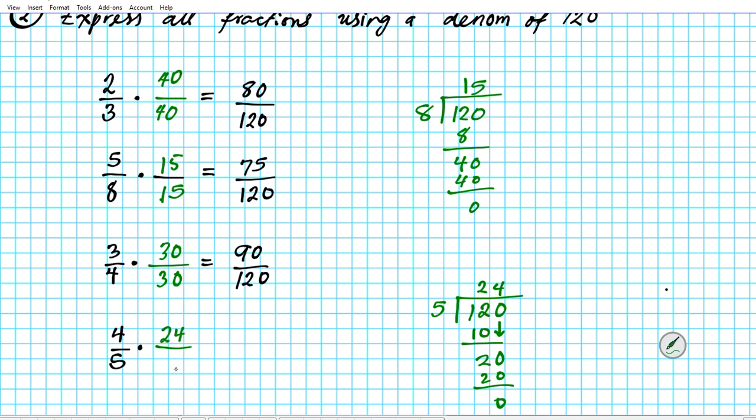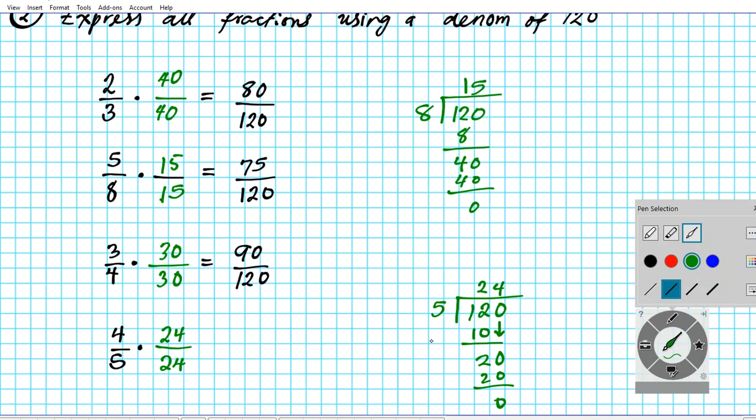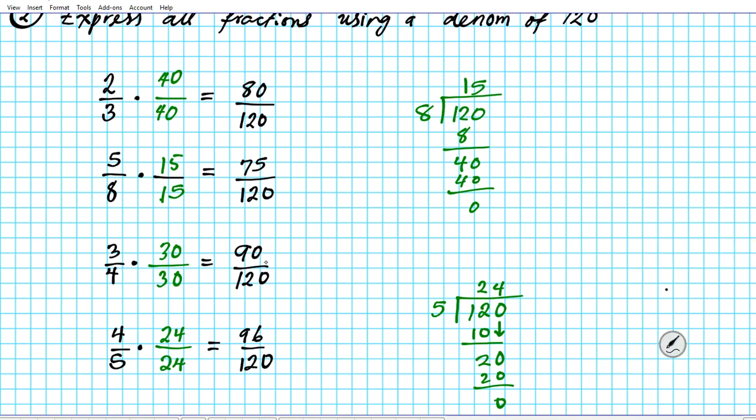So multiply the numerator and denominator by 24. You multiply it out. 4 times 24 is 80 plus 16, which is 96 over 120. Okay? So we have accomplished step number 2. We see all the equivalent fractions with denominators of 120 that are equal to the numbers that we have.